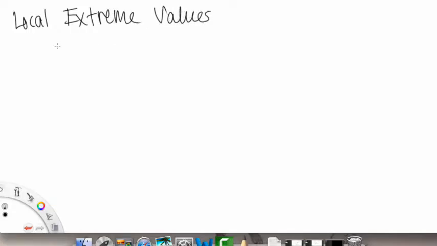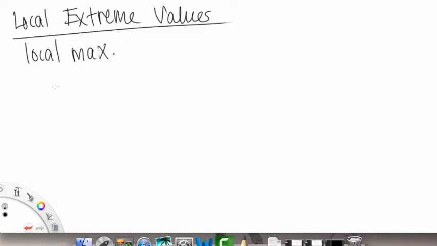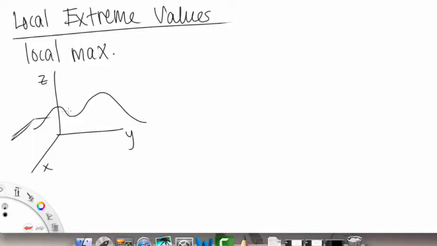So we're looking locally. Let's say we start with a local maximum. Let's say we have a graph, here's our x, y, and z coordinates, and we have something looking like a mountain range, some surface like that, and it continues off in either direction.